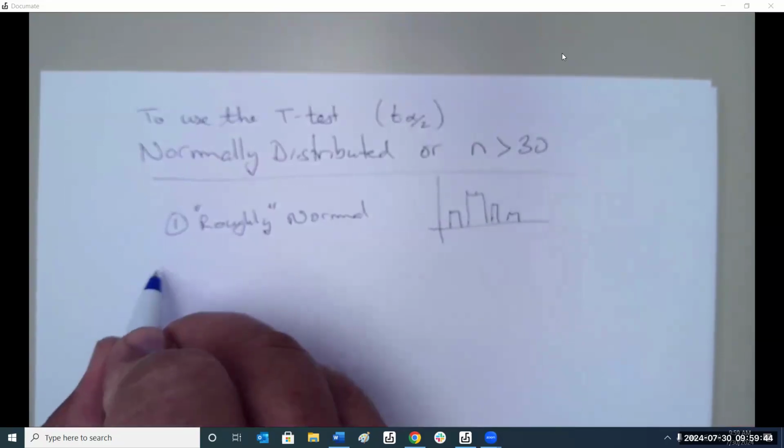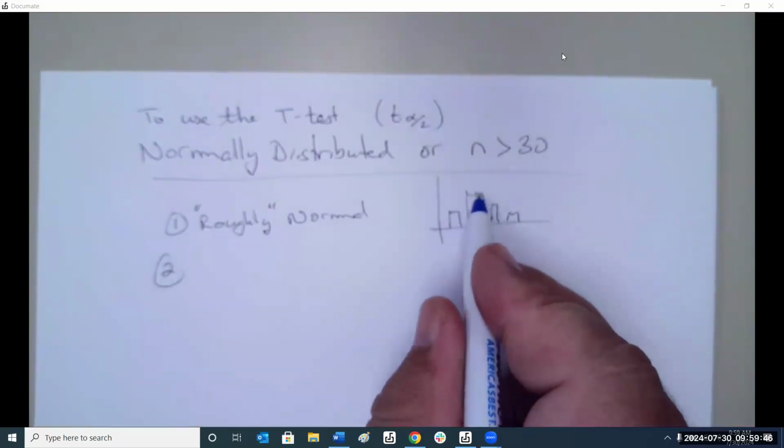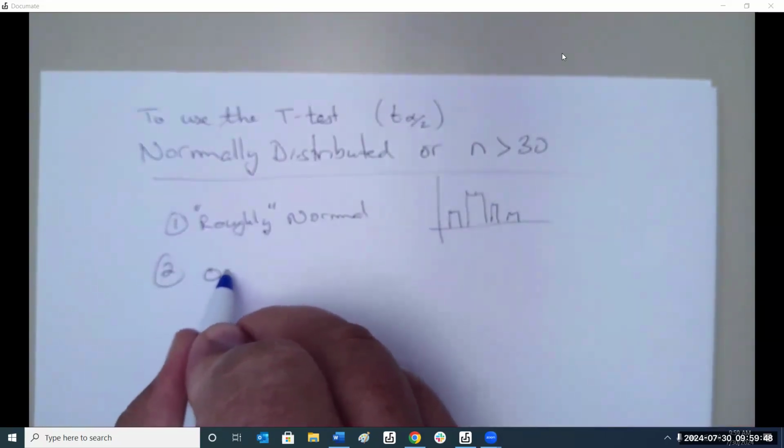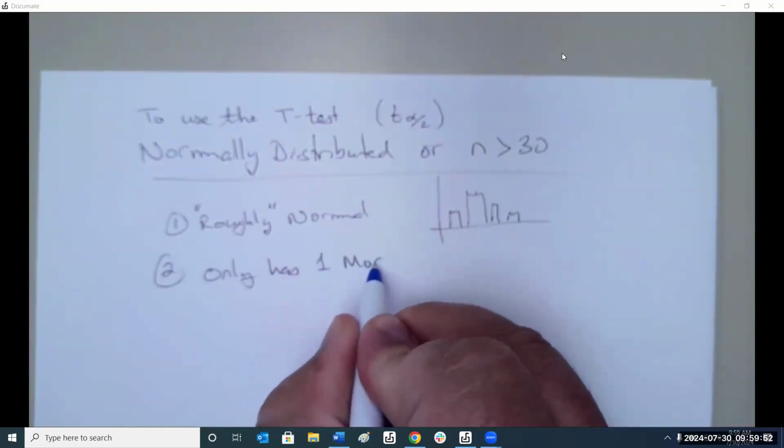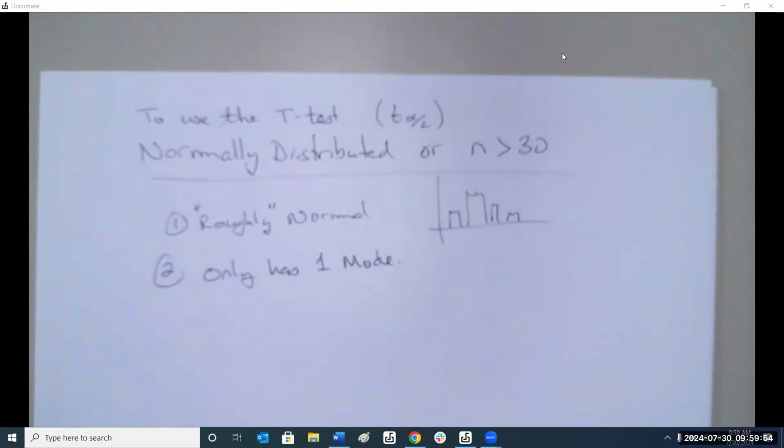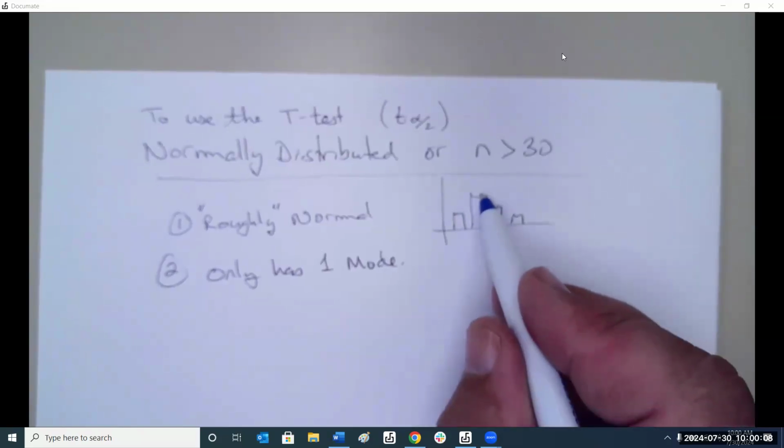And look at our data set. How do we know this is roughly normal? Because it only has one mode. Which one's the mode? The mode by definition is the most frequently occurring, so it's the tallest one.